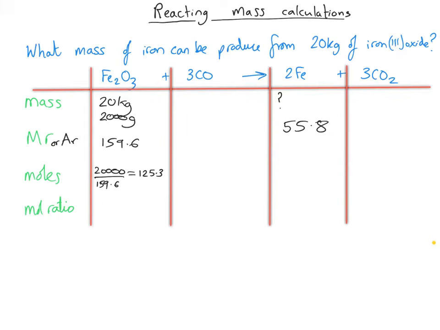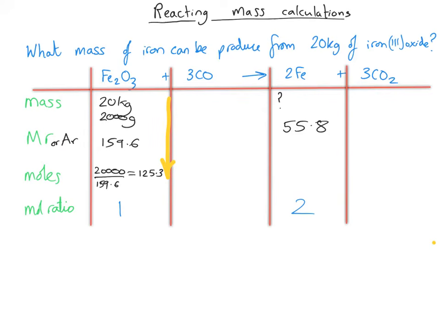So what we've done then is we've worked down this first column to work out the number of moles of one of our chemicals. And the next job is to use the mole ratio, which we can find by looking at the equation. And the mole ratio has got 1 iron oxide producing 2 moles of iron. So that's just literally looking at the coefficients in the equation.